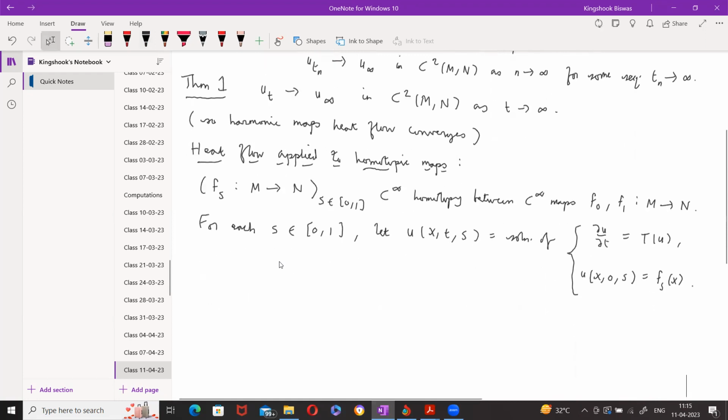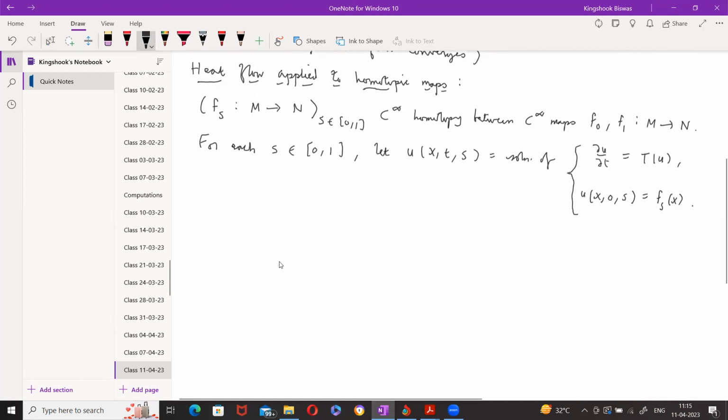Then U is a smooth map from M cross 0 to infinity cross the closed interval 0, 1 into N.